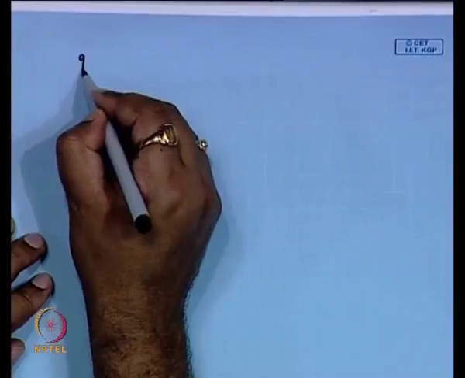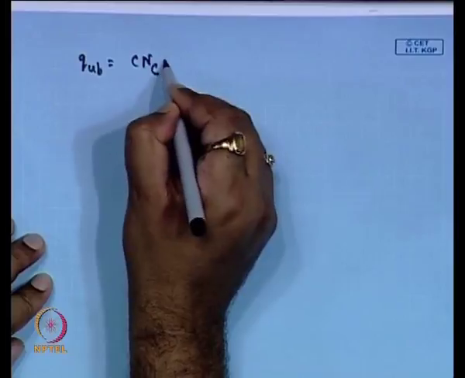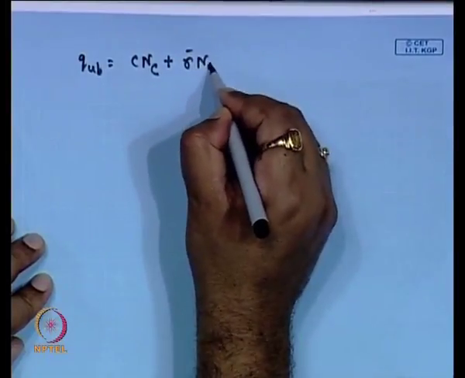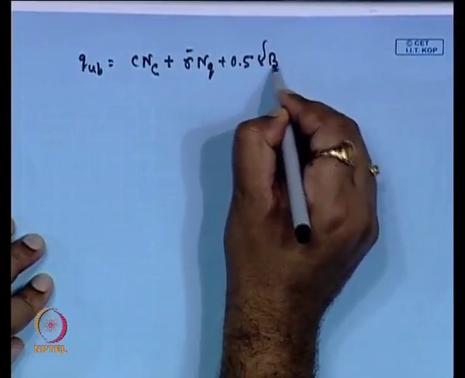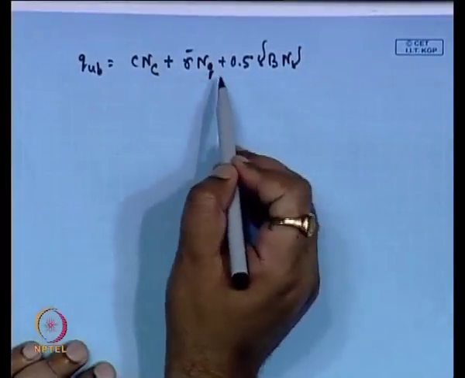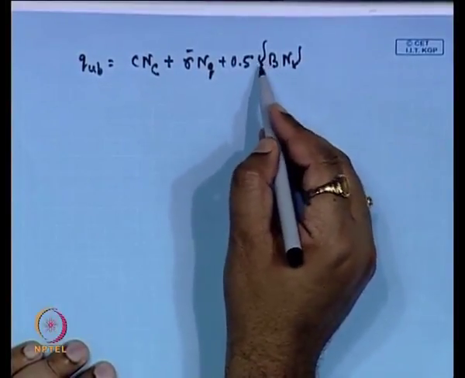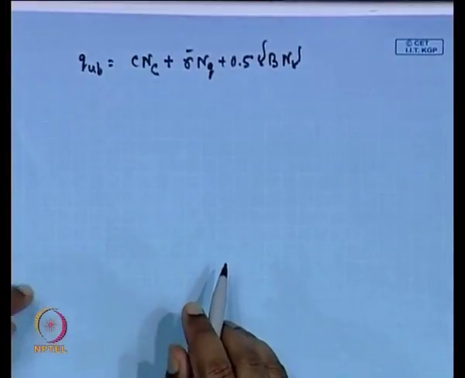In the general expression, we can write Q U B equal to C N C plus sigma bar N Q plus 0.5 gamma B N gamma, where C, N C, N Q, N gamma are the bearing capacity factors, gamma is the unit weight of the soil and C is the cohesion of the soil.